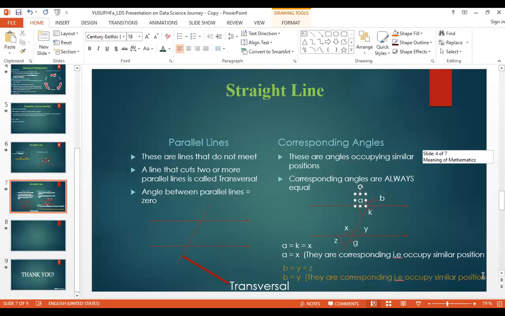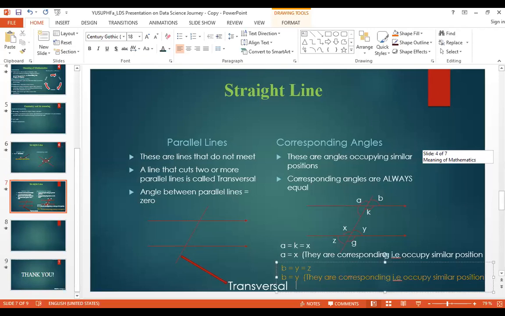And I can also say K is equal to G. You can see as I'm typing, K is equal to G. They are what? Corresponding angles. Are what? They are equal.